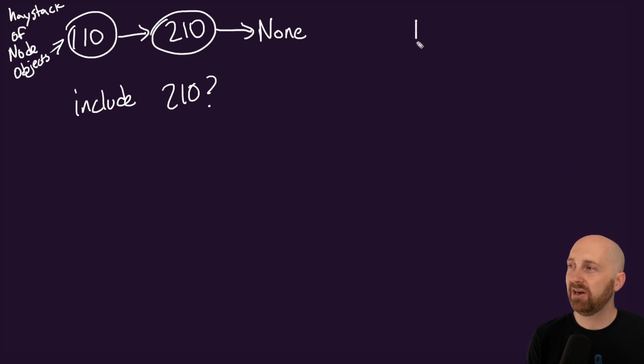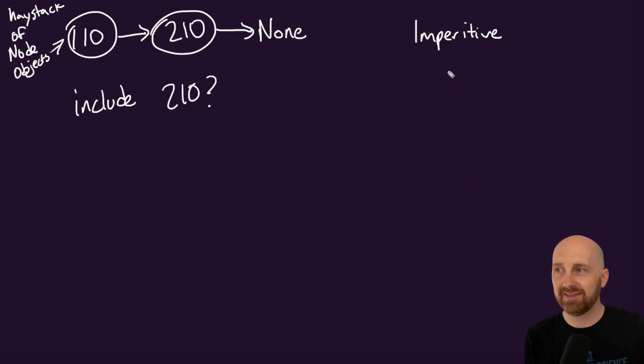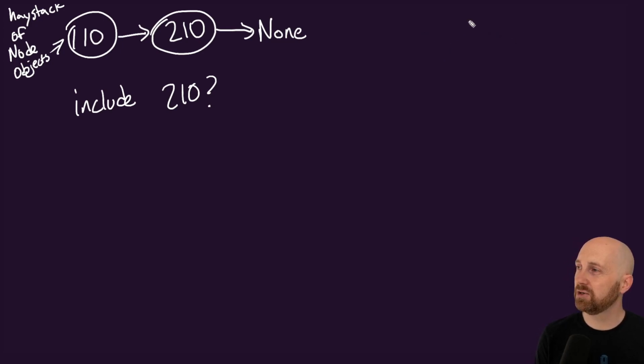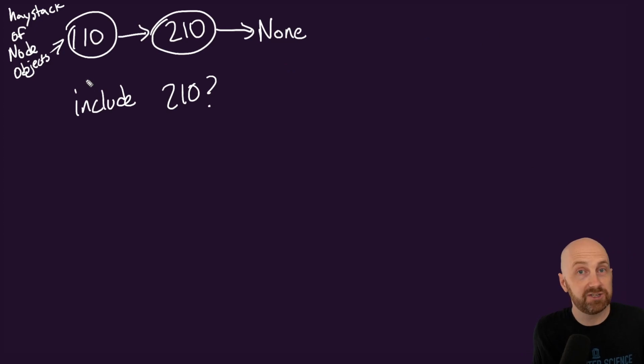And when I use the word imperative, I tend to mean loops, right? And this is what it classically means. So imperative, we're thinking about looping through a problem. So we would start at the front, and for each node in my list, check and see whether or not it's what I'm looking for, and then we're done with it, right? So in an imperative solution to a problem, often we think, okay, we're going to start at the very front, and we're going to keep looping until we reach the end.